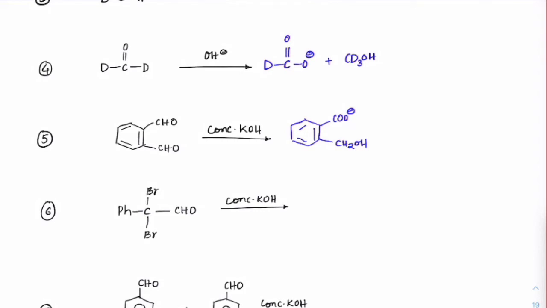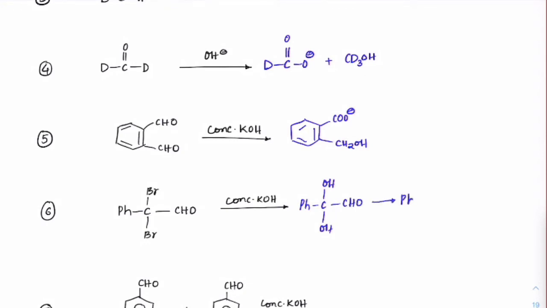Next, instead of directly giving it without alpha hydrogen, sometimes you will be given halides here. Now these halides will be replaced by OH groups because we have a high concentration of OH. So first we can expect that both the halides will be replaced, and two OH groups on the same carbon would be unstable.